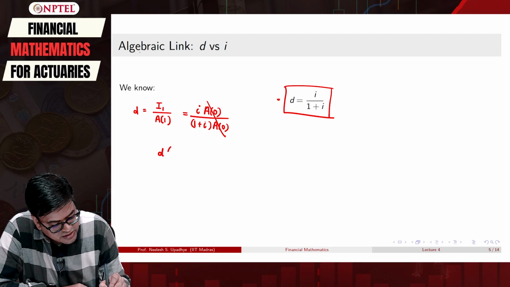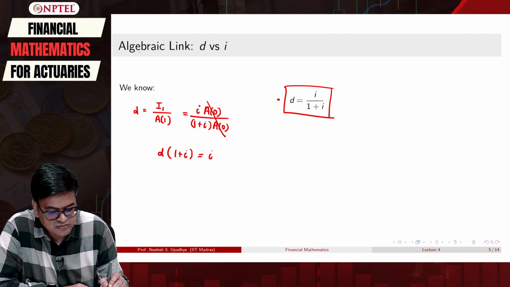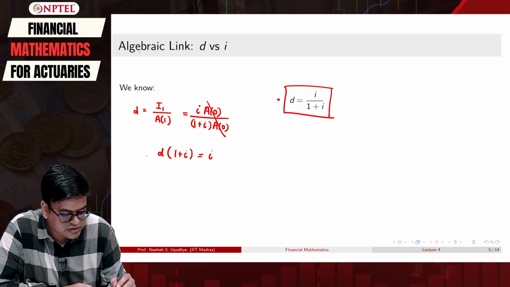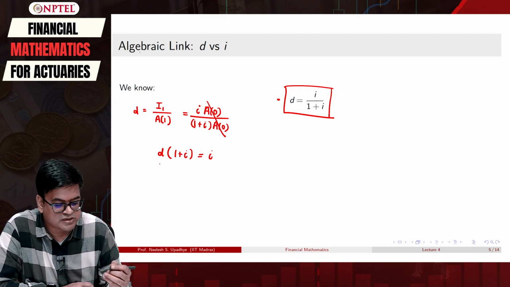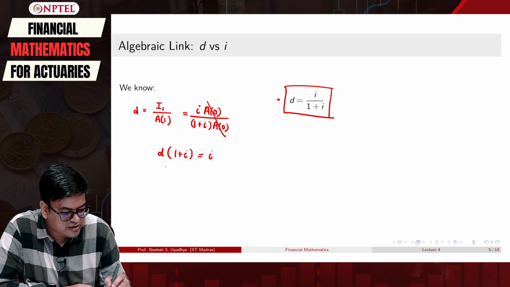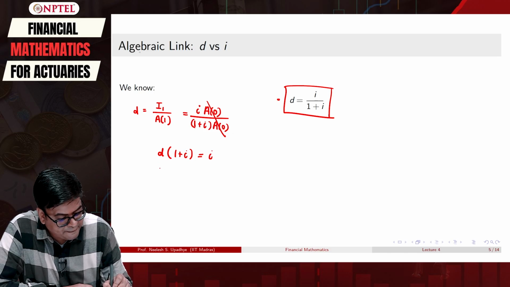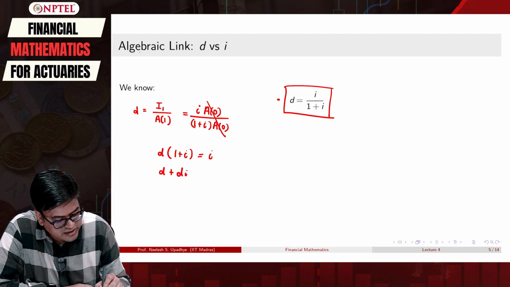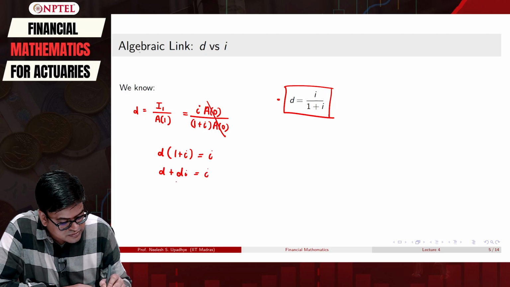So D into 1 plus I is equal to I, if I multiply by 1 plus I on both sides. So what is my goal? My goal is to write I in terms of D. So I will take away the terms of D and I will use the terms of I. So D plus D times I is equal to I. So what I can do, I can take this DI on the other side, so that all the terms containing I will be on one side.